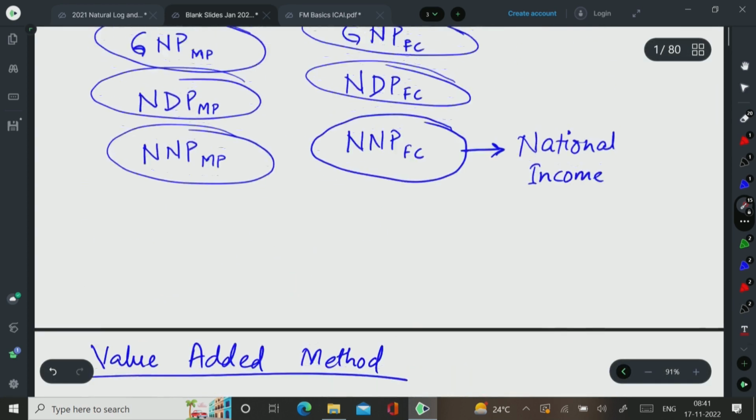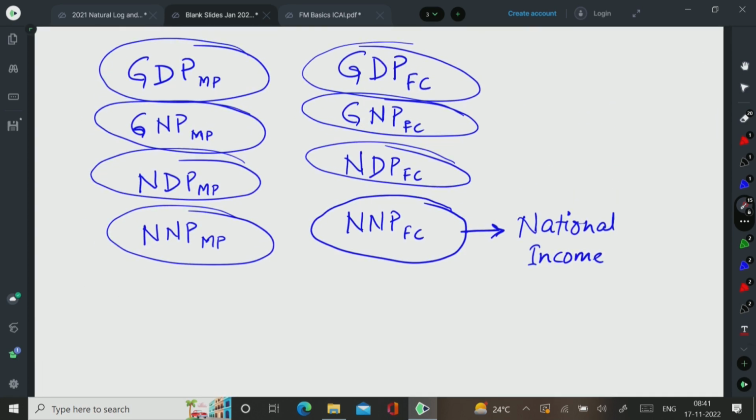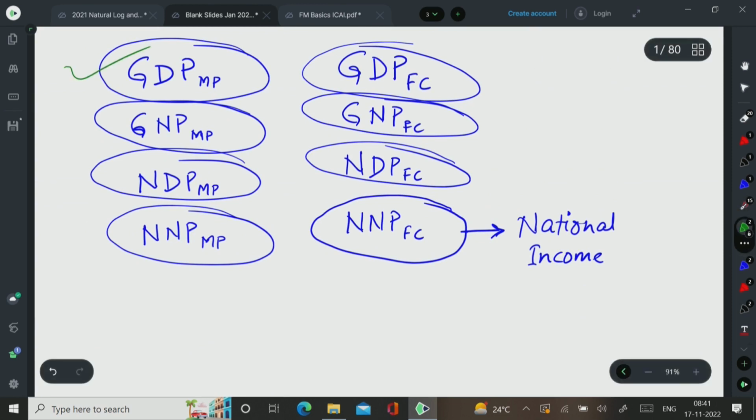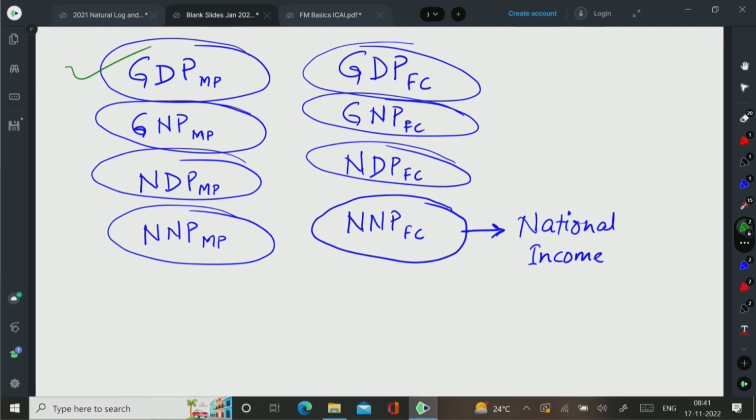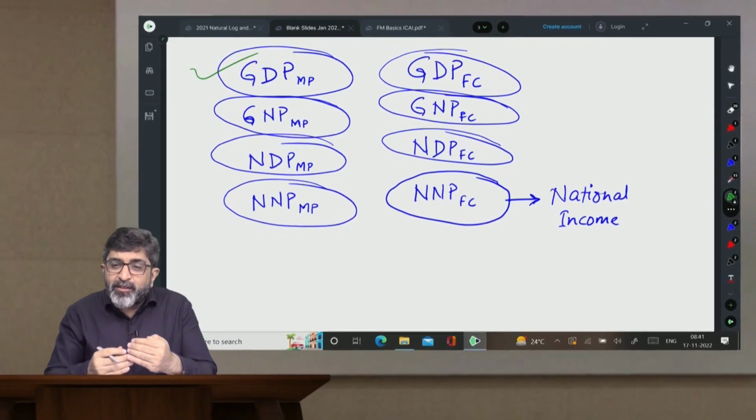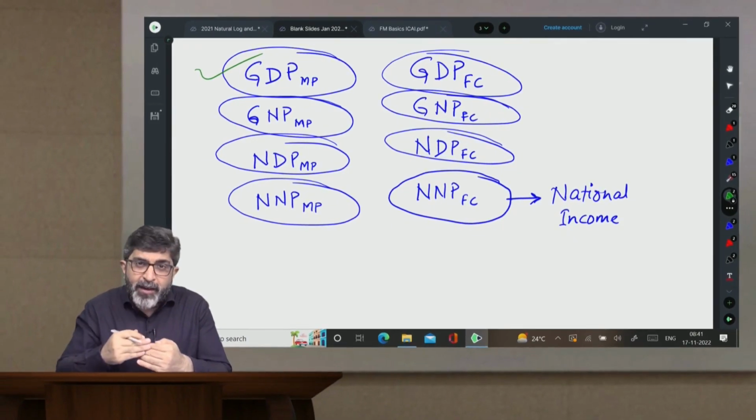So we have just learnt one component, how to determine GDP at market price. Now I want to arrive at the next component, that is gross national product at market price. The source of determining that is the gross domestic product at market price.